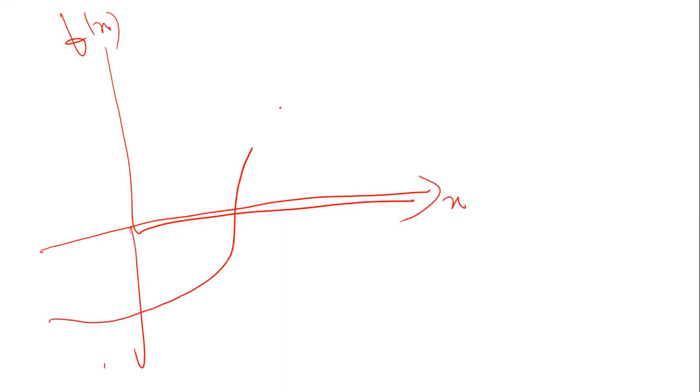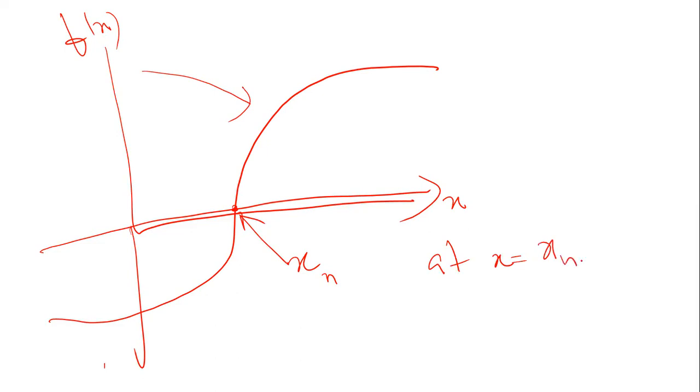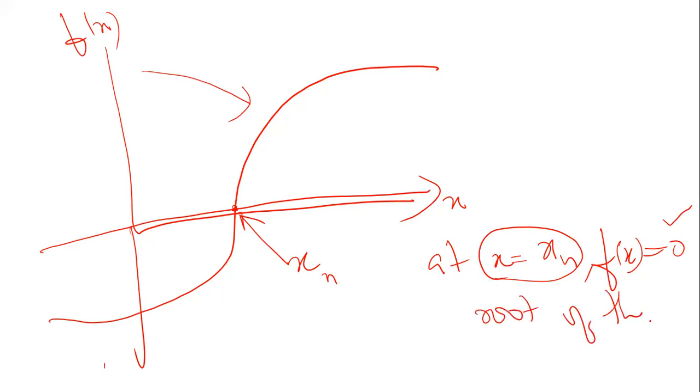If the function of x intersects the x-axis at this point, say x n, it means that at x equal to x n, the functional value is 0. So this point where the functional value becomes 0 is known as the root of the function.